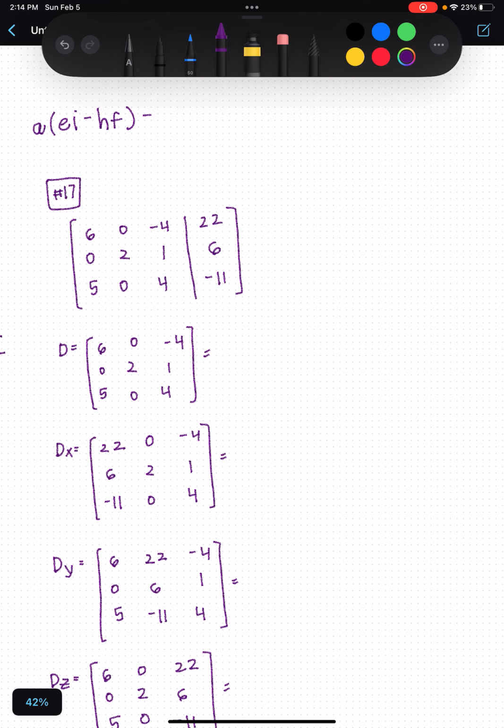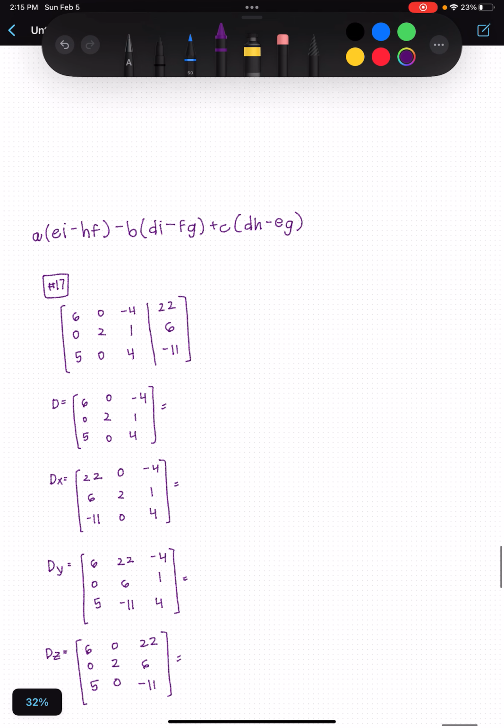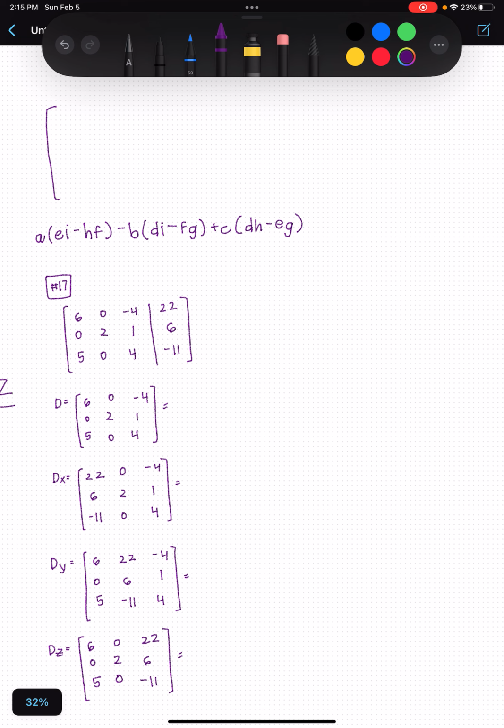All right, and then obviously there's just a bunch of letters right there, but remember we're talking about a 3x3 matrix, which would be like A, B, C, D, E, F, G, H, I.